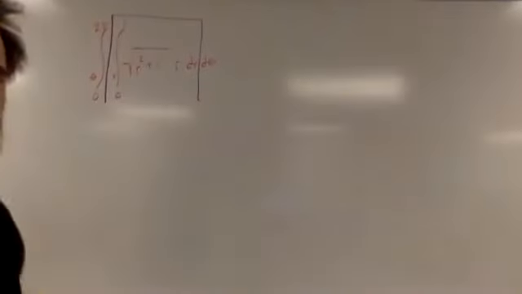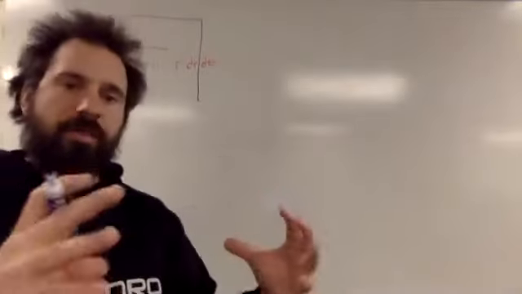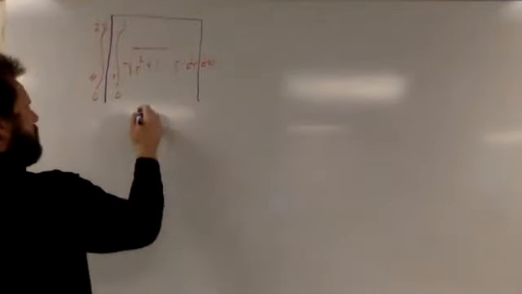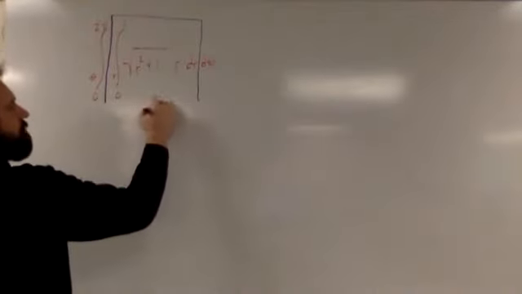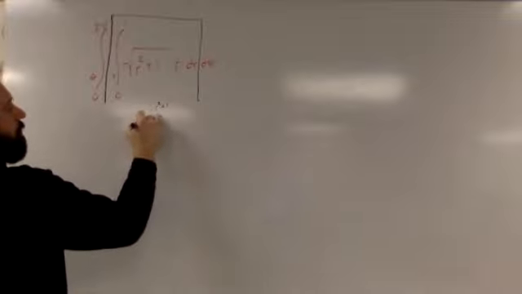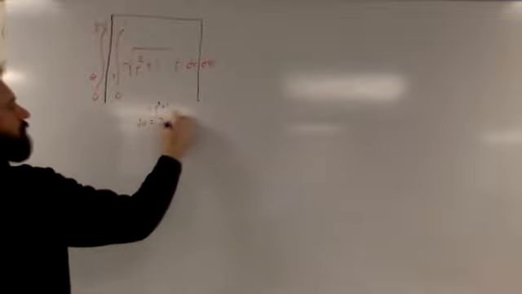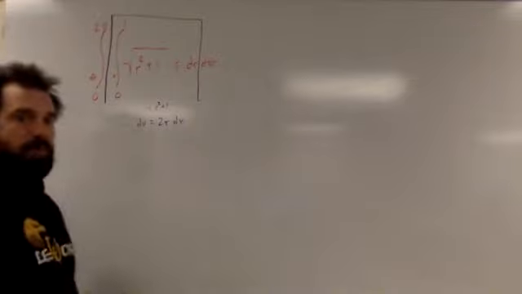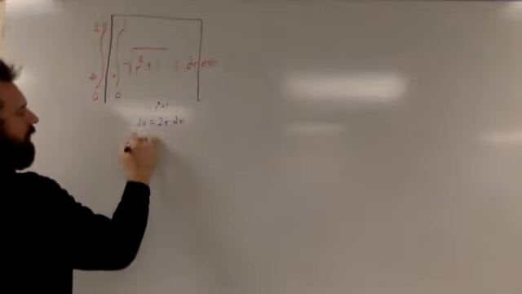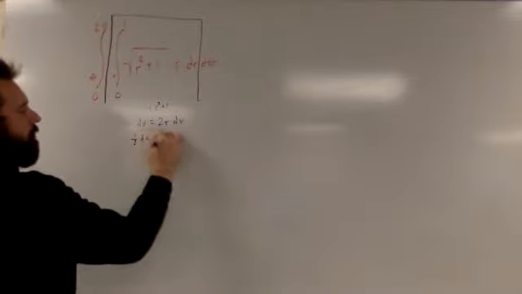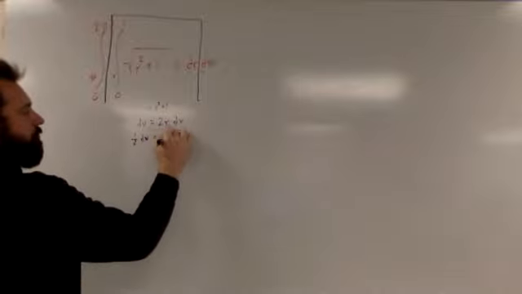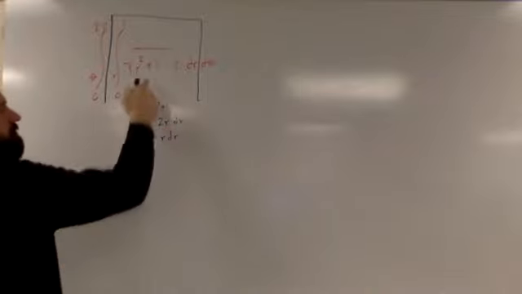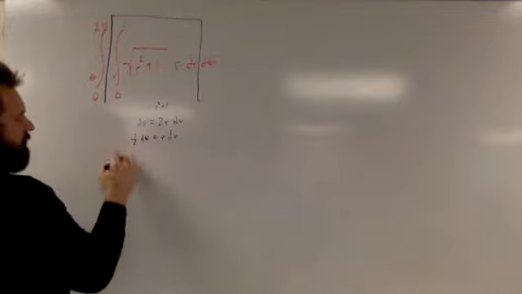Okay, so I cleaned up the board and I just moved this up so we have a little more space to work. I'm going to start with the integral that's inside the purple box here. So I'm going to have to do a u substitution. So u is equal to r squared plus 1. du will be equal to 2r dr. I'm going to have to move that 2 to the other side, make it a 1/2. So if I substitute this back in here, I'm going to move the 1/2 to the outside.